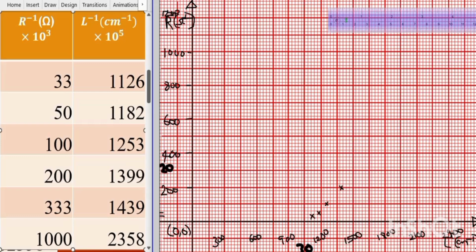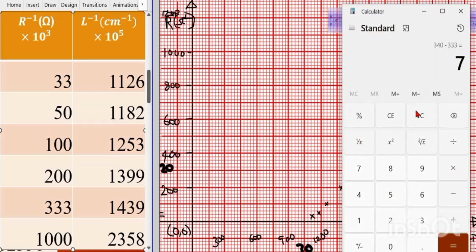I think that's 3. Please let me do it again. That's 400 minus 20, 1, 2, 3.